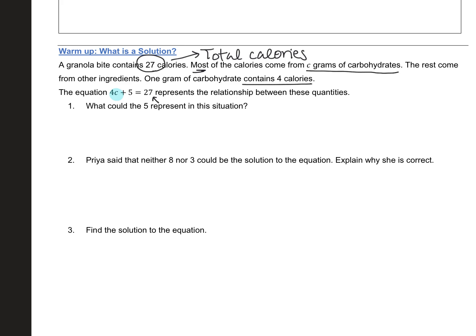And 4 calories are in 1 carbohydrate. So this is our total calories from carbs. So then the 5 would be from other ingredients. So the 5 are calories from other ingredients.